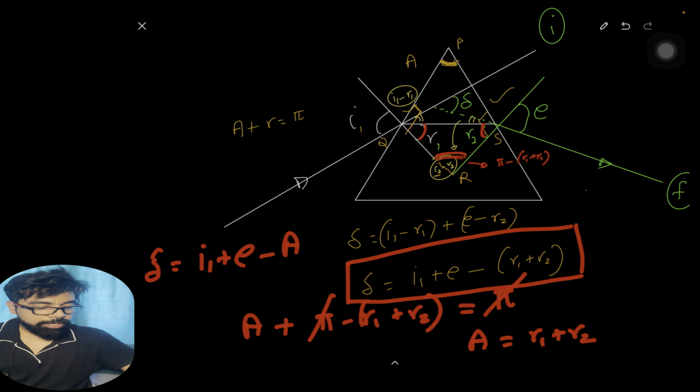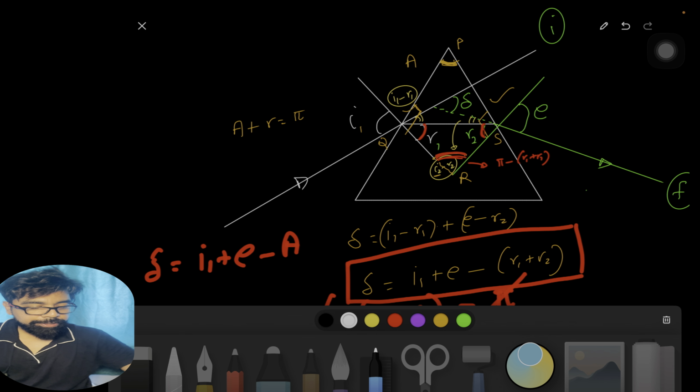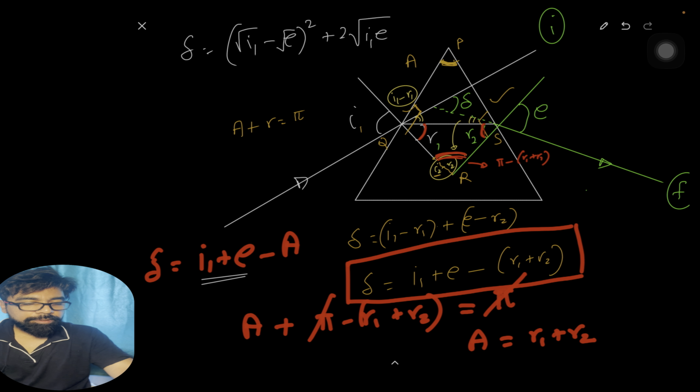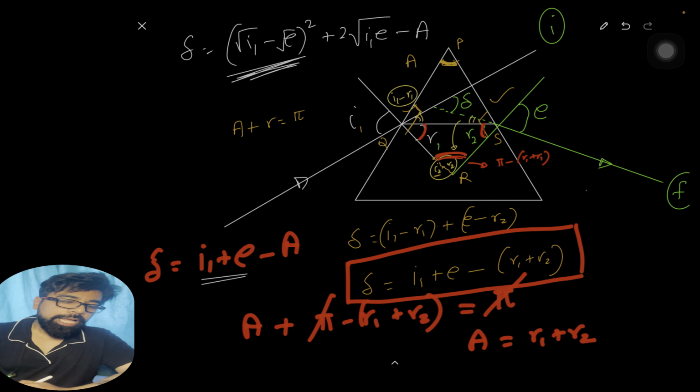It's a formula. So now what I can do here is that I can write this as (root under I1 minus root under E) whole square plus 2 root under I1 E minus A. Now we all know that the square will have the least value how much? 0.